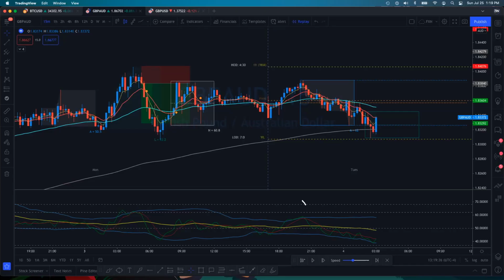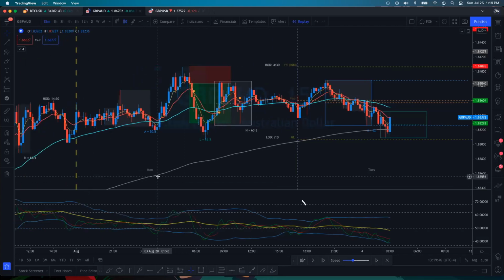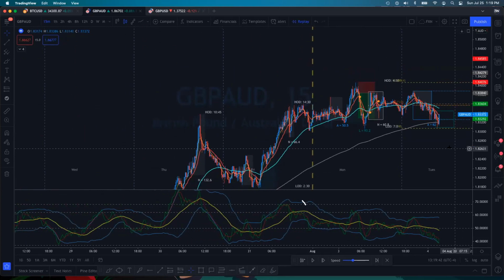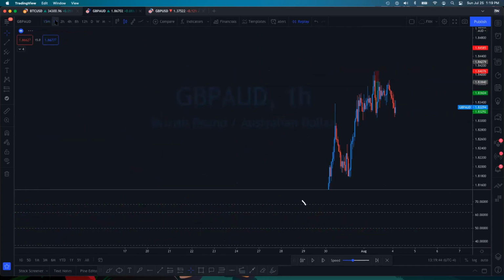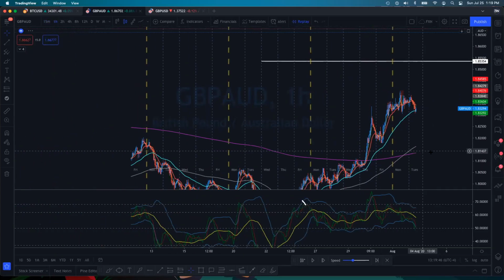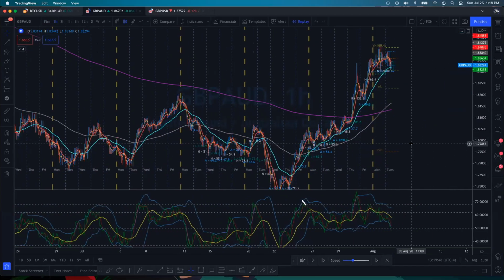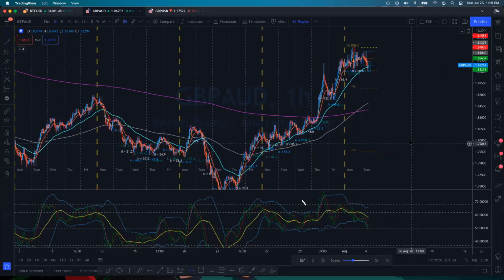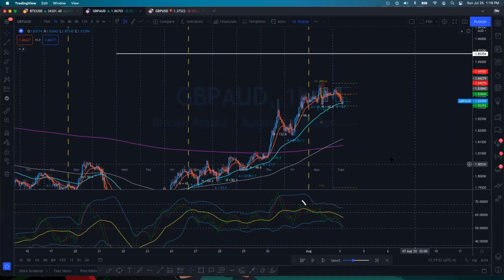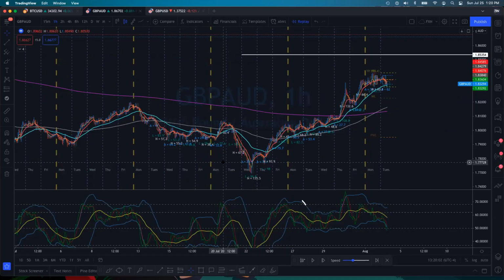The directional bias that I would be in, if I go to the 1 hour chart real quick, would probably be more of a selling bias, although we don't have a crossover yet of the 50 and 13. I don't know what the ADR is for this pair at that time.